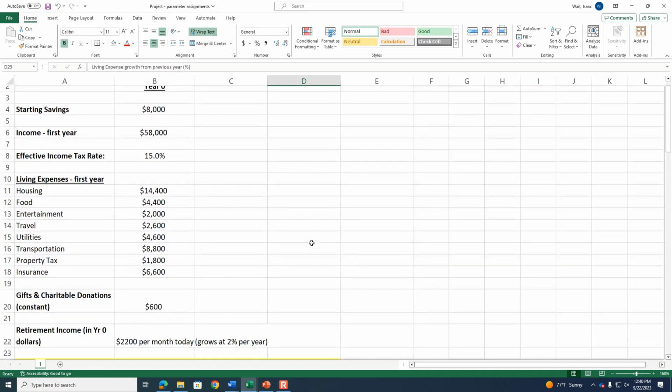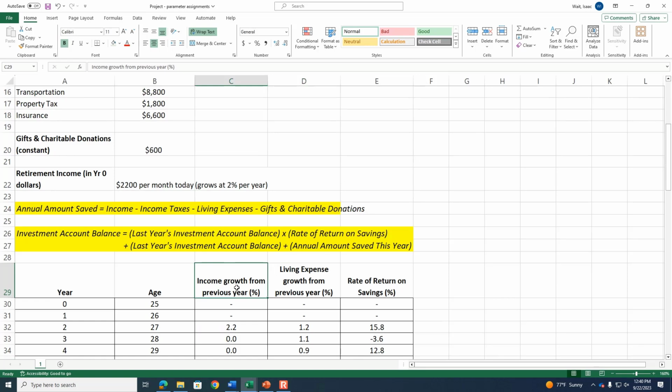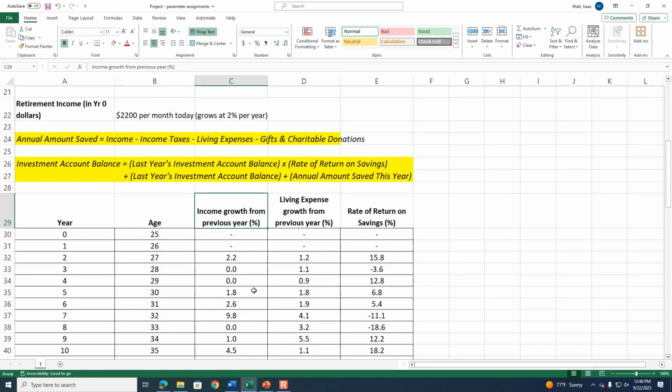You'll notice that there's income growth because there are going to be years when you get a raise due to a promotion. Or maybe you'll get a raise when you become licensed as an engineer. Or maybe you'll just get a cost of living adjustment that's not tied to performance at all.